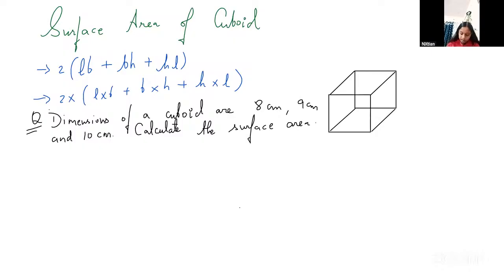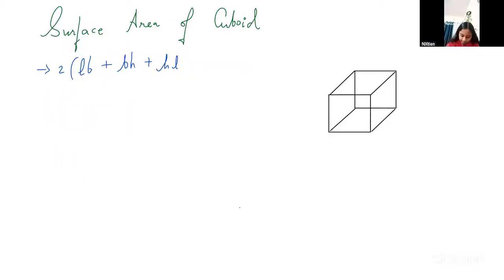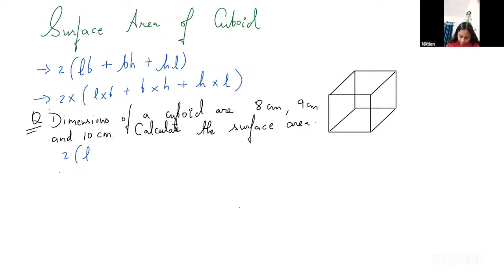Okay, so what we will do, we'll use the formula 2 multiplied by length into breadth plus breadth into height plus height into length. Put the values. 2, what is length? 8, breadth is 9, 8 into 9 plus 9 into 10 plus 10 into 8.